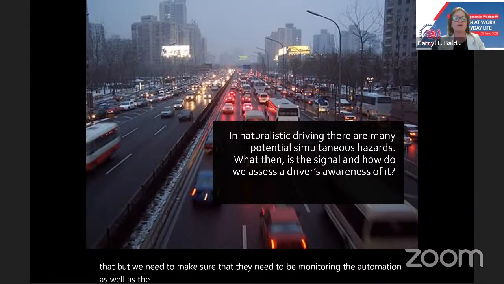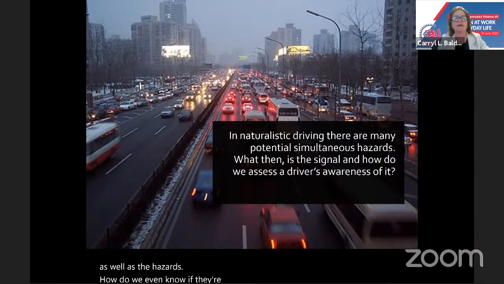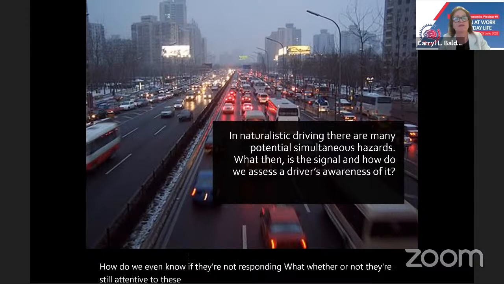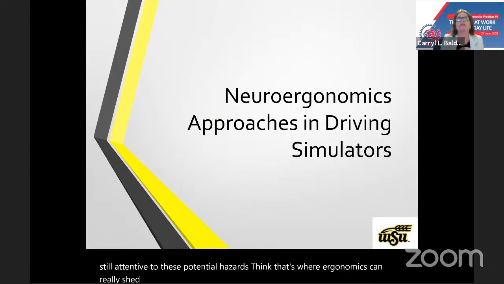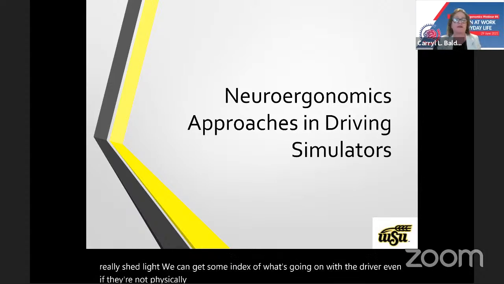How do we even know, if they're not responding, whether or not they're still attentive to these potential hazards? I think that's where neuroergonomics can really shed light. We can get some index of what's going on with the driver, even if they're not physically responding to something. They're sitting there monitoring a screen.